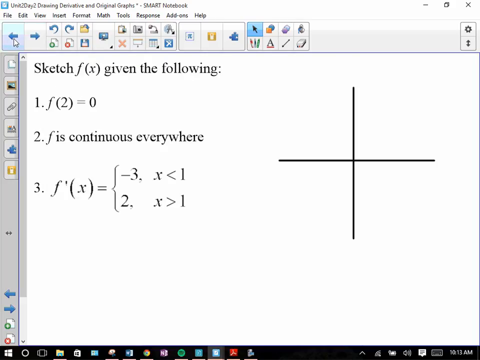So sketch f of x given the following. F of 2 equals 0. F is continuous everywhere. F prime of x is equal to negative 3 when x is less than 1, and 2 when x is larger than 1. Okay? So let's think about this here. We should probably first of all put some things on our graph.